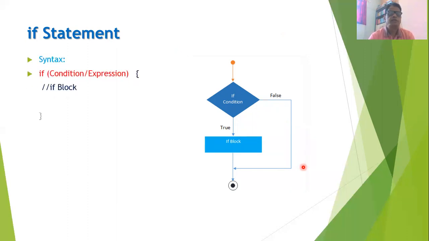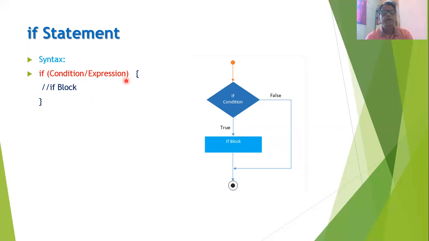So let us first understand the syntax of the if statement. The if statement is written like this. First, you have to write the keyword if. Then in the brackets, you have to write some condition or expression. Any arithmetic expression or any Boolean expression can be written here, and this expression must return either a true value or a false value.